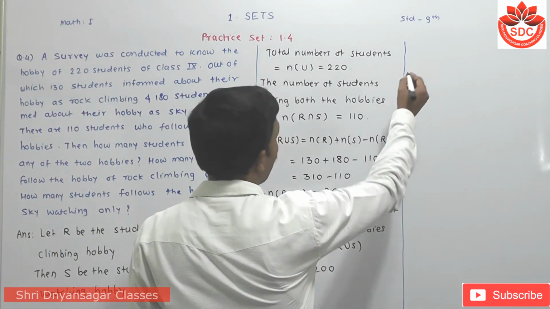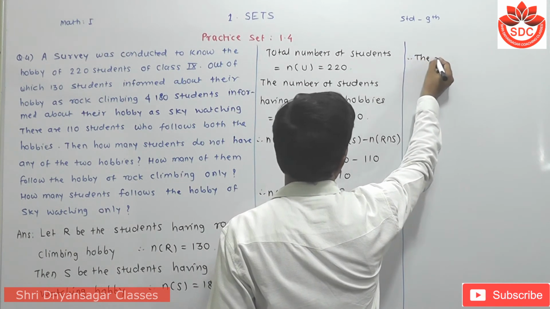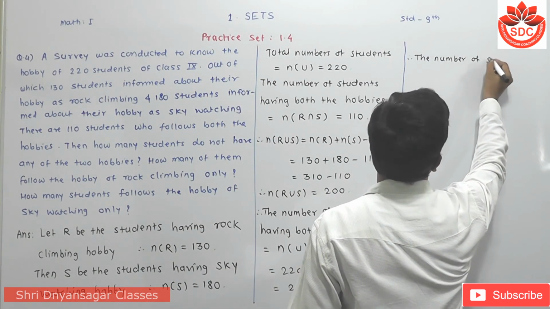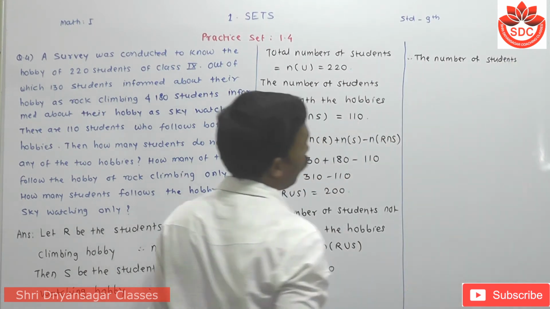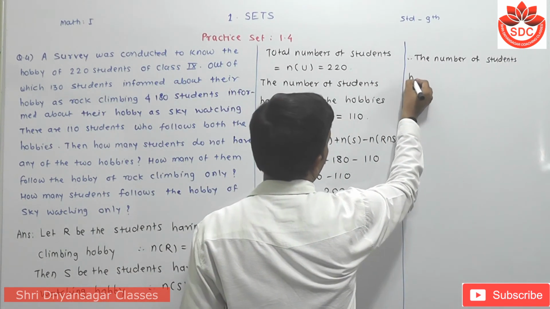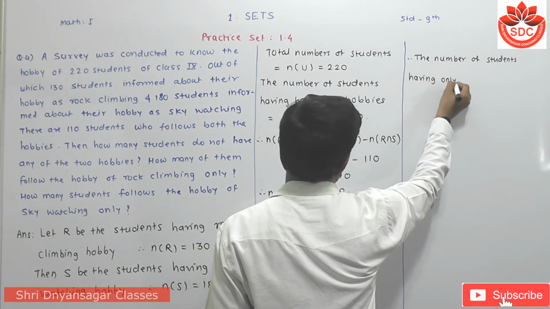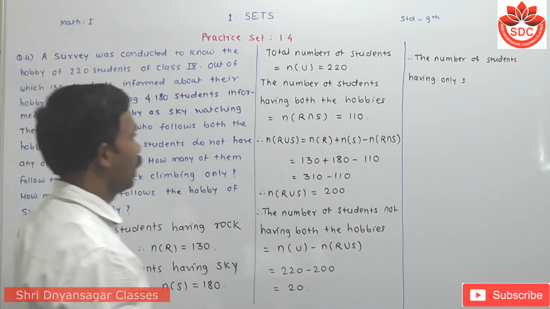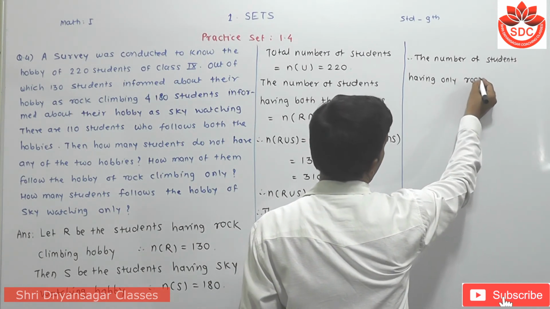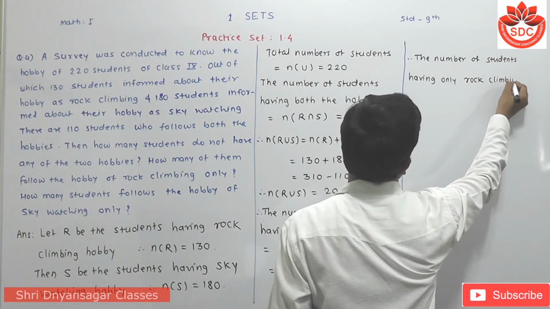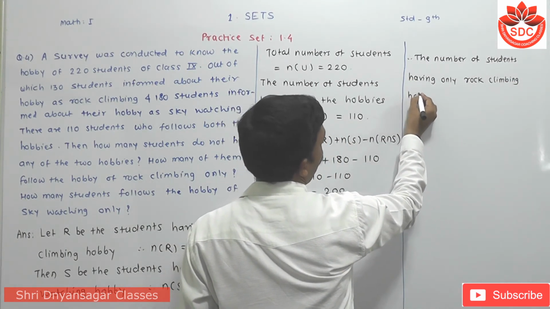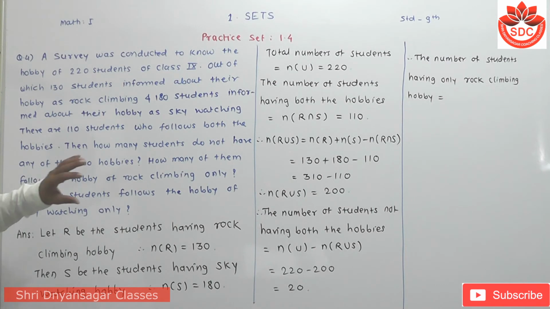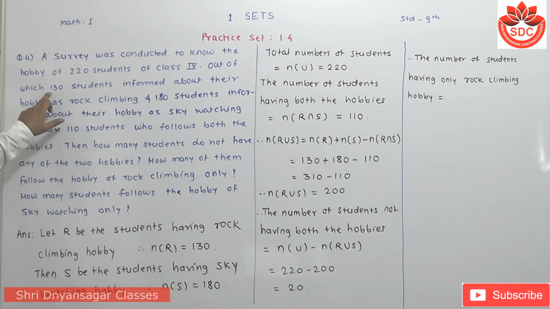The number of students having only the rock climbing hobby is equal to the total number of students having rock climbing, which is how much? 130.